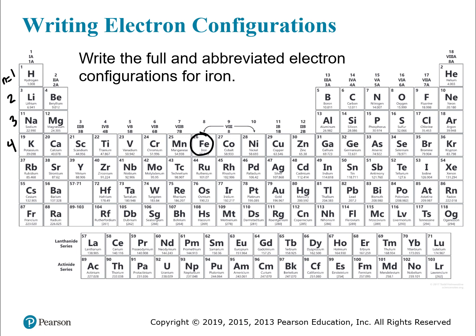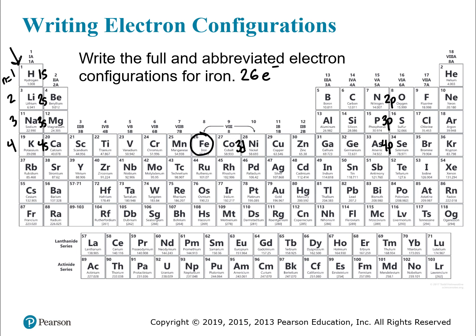How many electrons do we have to place for iron? We've got 26 electrons. That's right. I'm going to write in each of these levels so that you can help me as we go along. We've got 26 electrons to place.